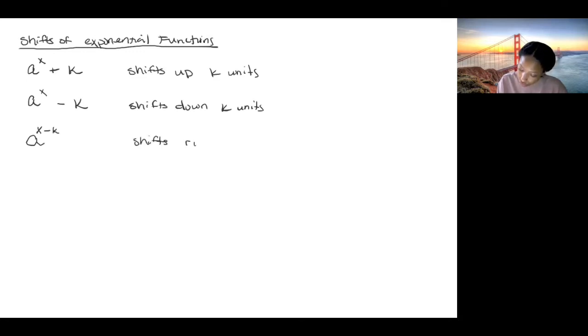So this shifts right, k units. And lastly, we have a to the x plus k. We're adding a constant to the exponent. This is going to shift left, k units.